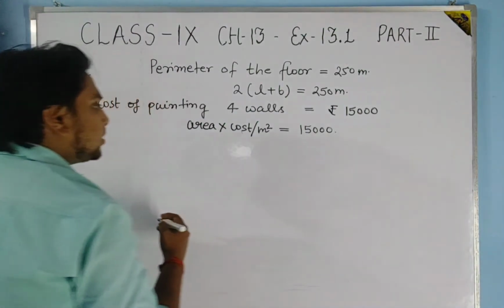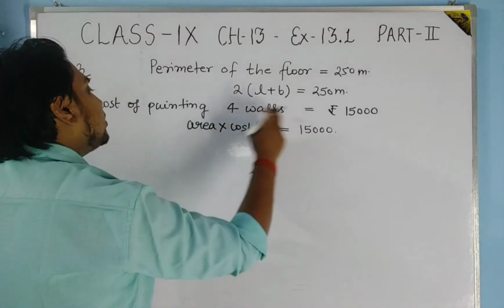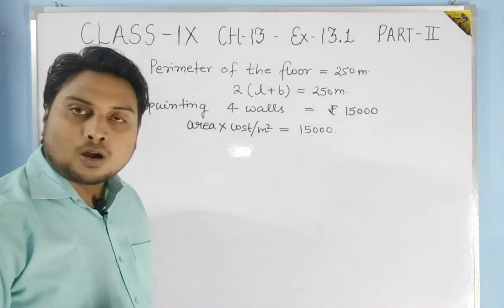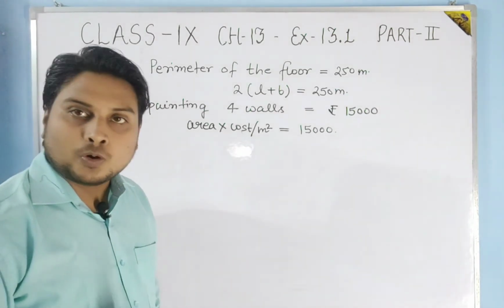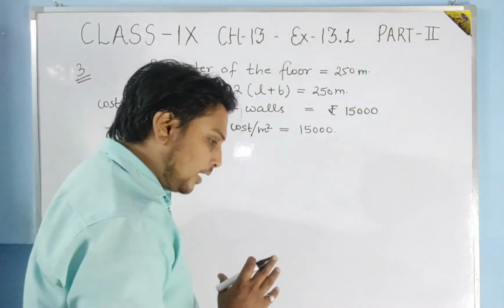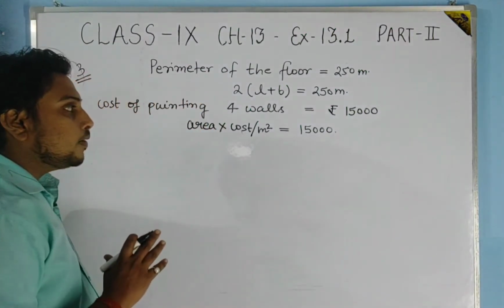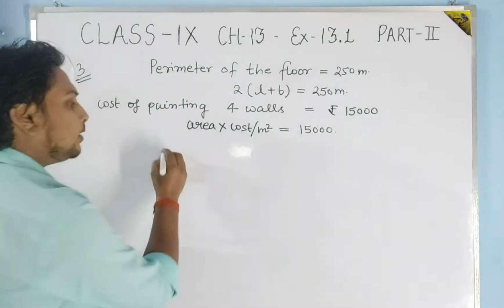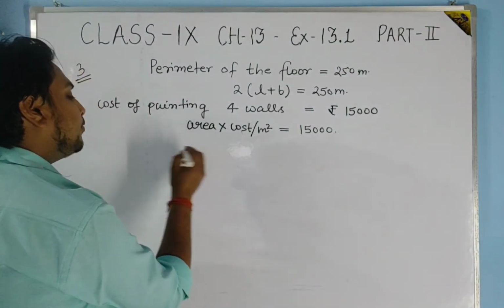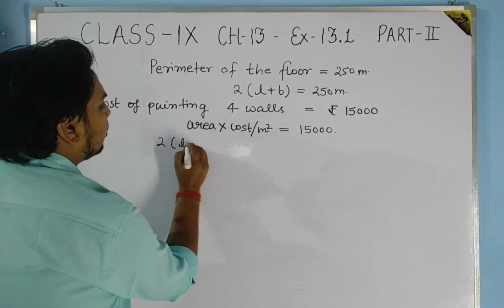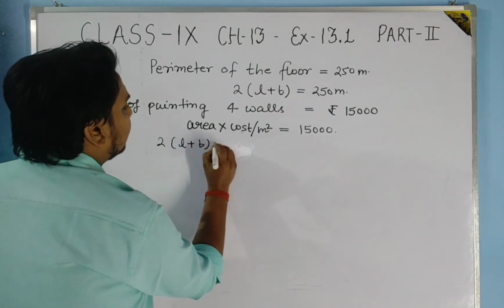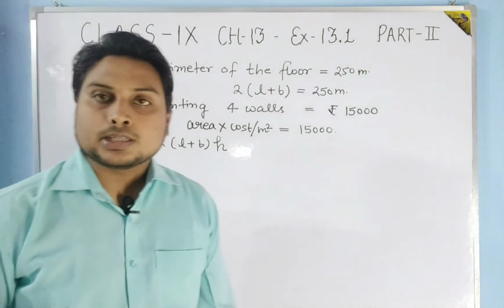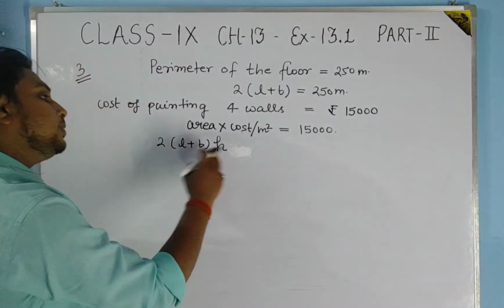See students, the hall is in the form of a cuboid, and we have to find the area of the 4 walls. The formula for the area of 4 walls is 2 into (L plus B) into H. Area of 4 side walls is equal to 2 into (L plus B) into H.